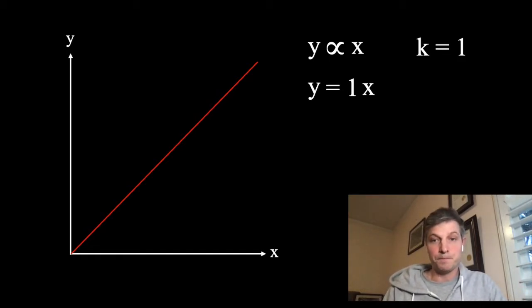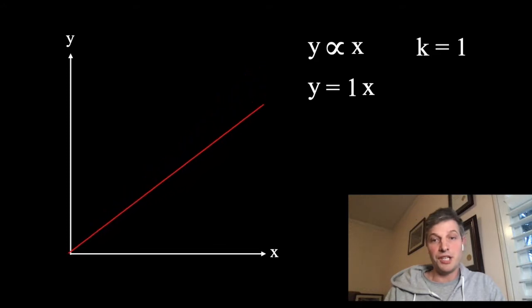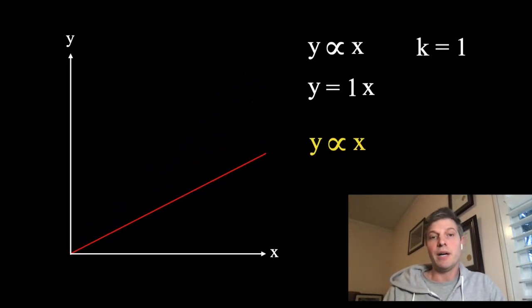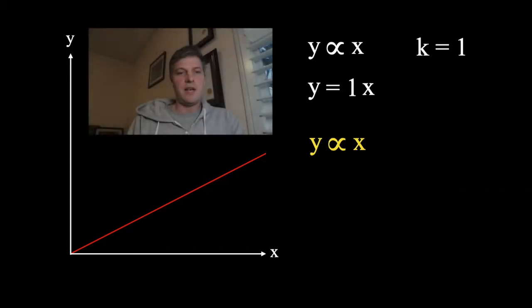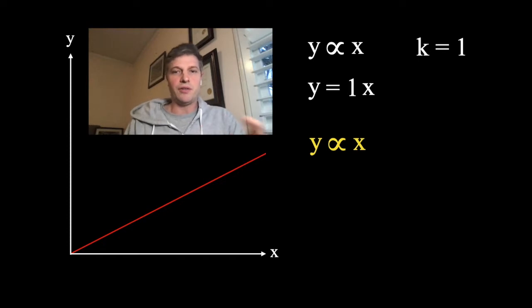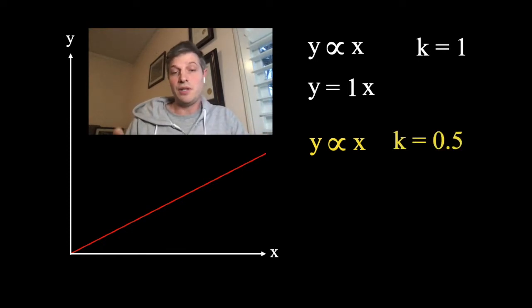Nice and easy. If we were to change that gradient, we can still say that y is proportional to x, but by how much? If we see that as x goes out 2, y goes out 1, we've got a rise of 1 over 2, which is a half. If we did this in Excel, it would come back with a gradient equal to 0.5.